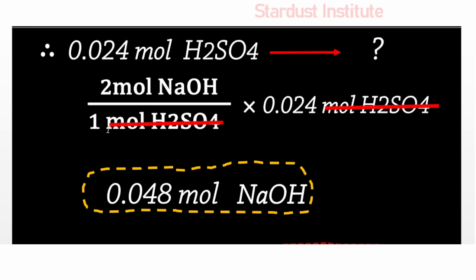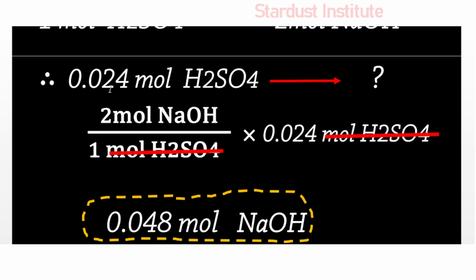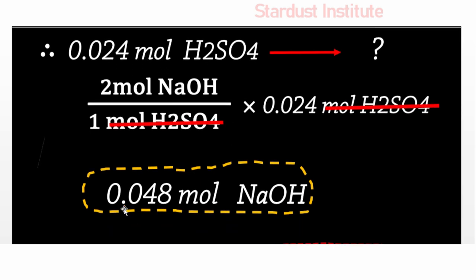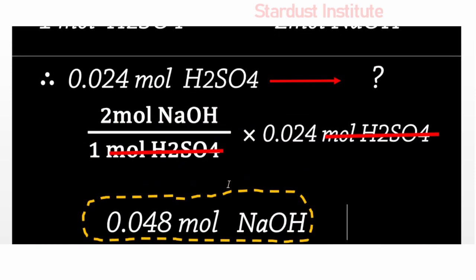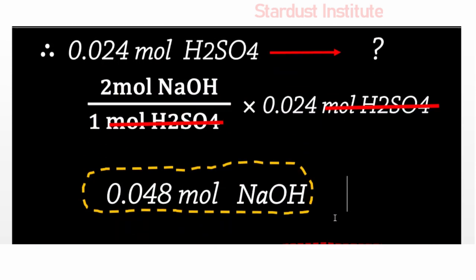To react with 0.024 moles of H2SO4, 0.048 moles of NaOH are required. Now we have found the number of moles of NaOH.